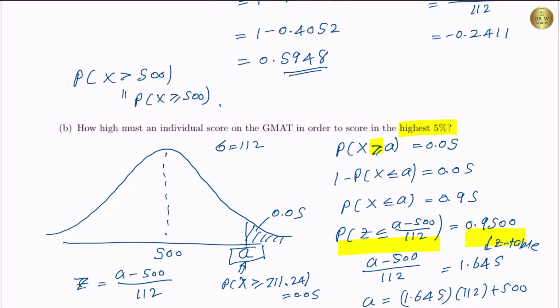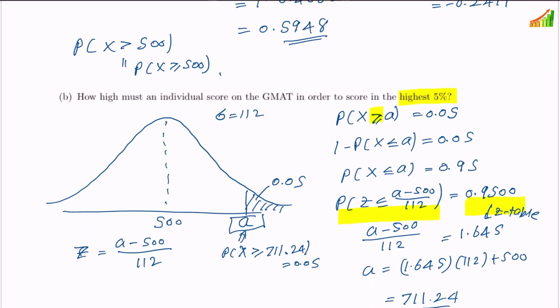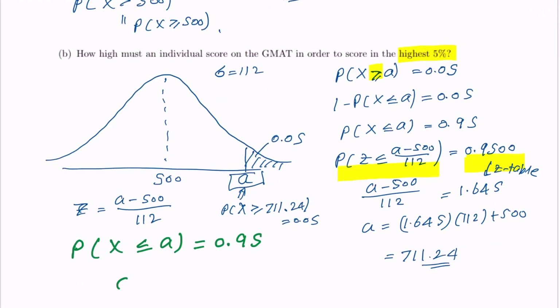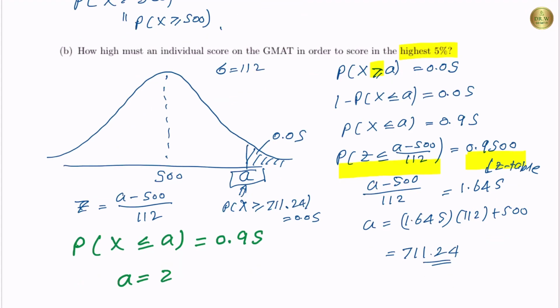There is a short way to do that, but you have to be careful when you use it. When you have something like the probability x less than or equal a equals 0.95, then we can write a equals the corresponding z value for that probability, multiplied by sigma, plus 500.